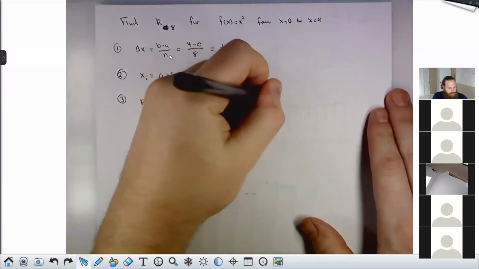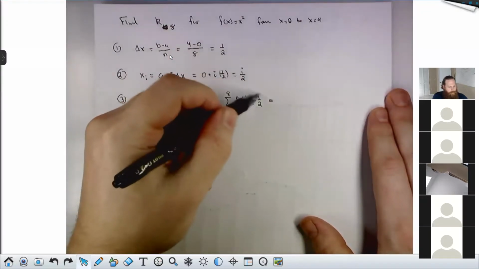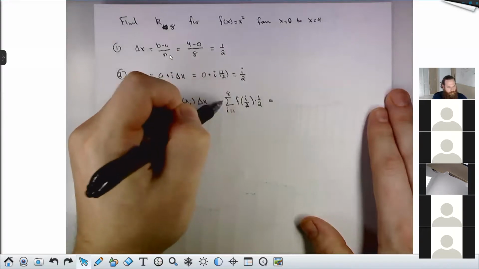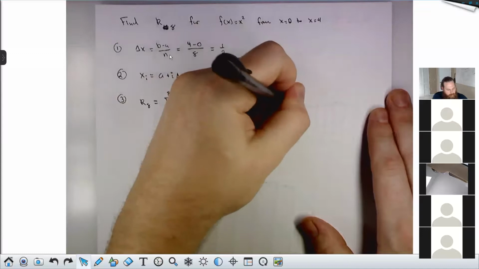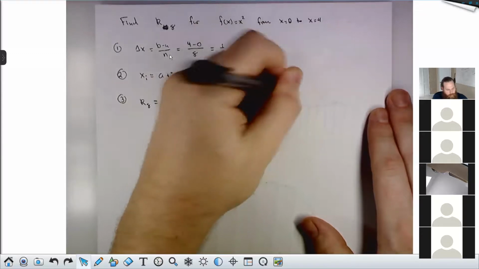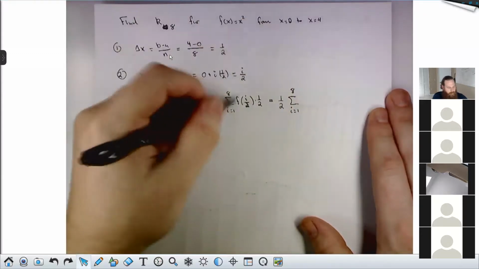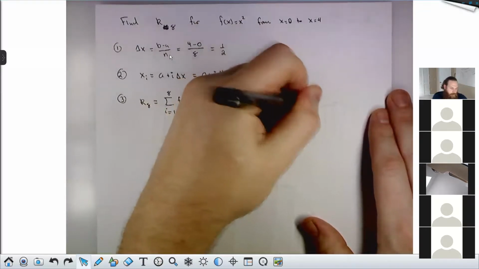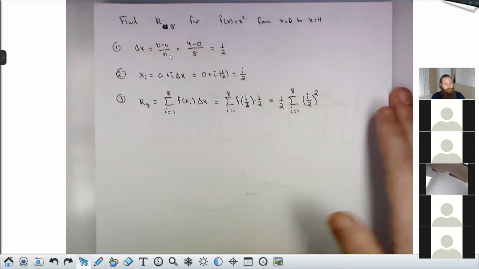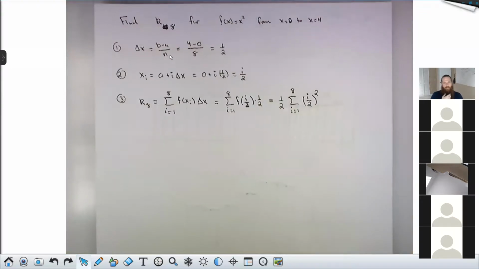Now, it's a rule of the sigma operator that constant multiples can come out. So this is the same as 1/2 times the sum from 1 to 8 of f of i over 2. f of i over 2 is i over 2 squared. And this can also be simplified.